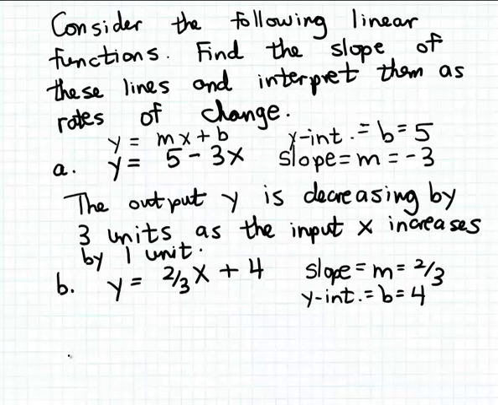But what we want to write down is the interpretation of the slope. So now that we have the interpretation from example A, we can just sort of copy that.